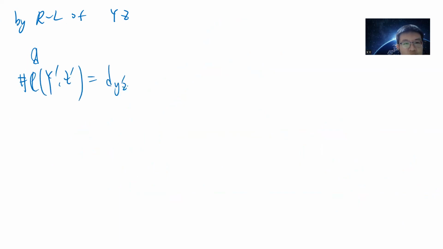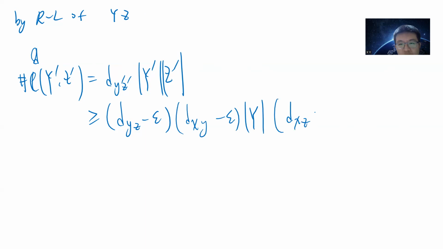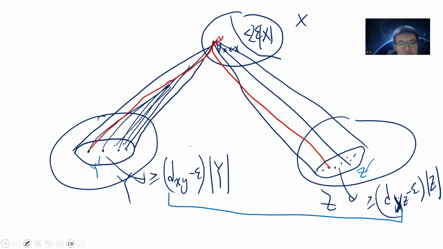By regularity of the pair YZ, the number of edges e(Y', Z') is d(Y', Z') times |Y'| times |Z'|. And d(Y', Z') is at least d_yz minus epsilon, while |Y'| and |Z'| are at least (d_xy minus epsilon) |Y| and (d_xz minus epsilon) |Z|. These are the nodes connected to x, in Y and Z.